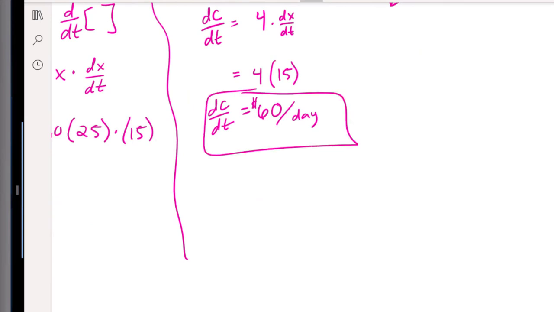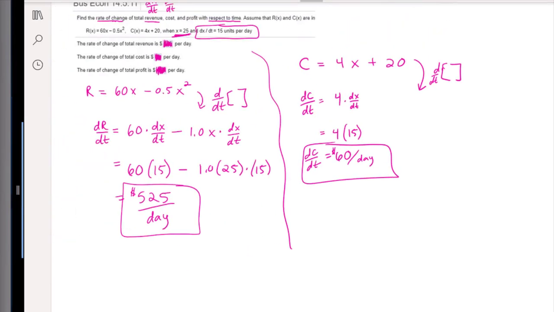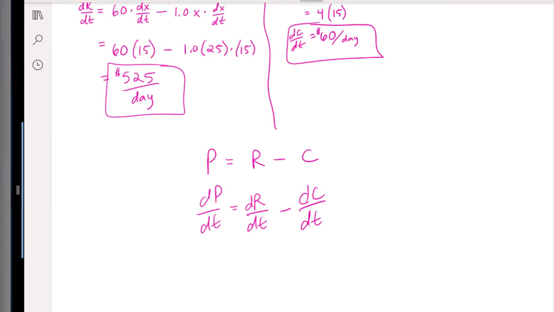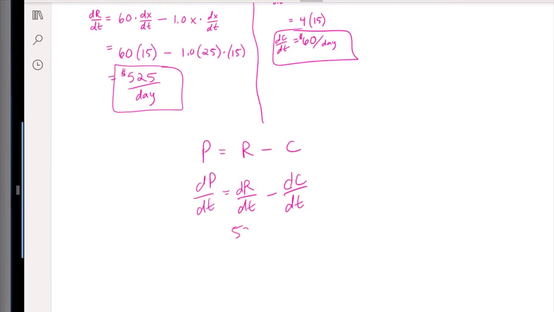Okay, and then last but not least, the only thing you really have to do to find profit, if you remember, profit equals revenue minus cost. Well, dP/dt will be dR/dt minus dC/dt, which we know dR/dt is 525 minus the 60.